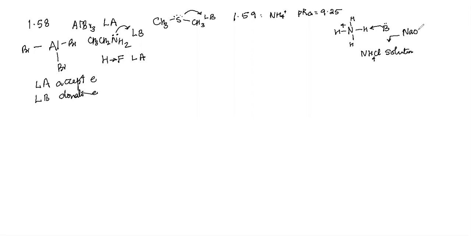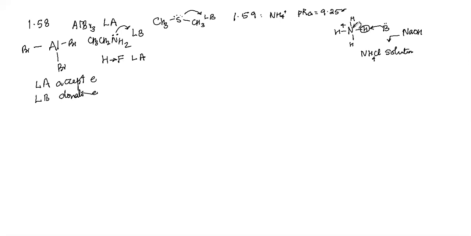Add NaOH very, very slowly, a dilute solution. Ammonium chloride is slightly acidic in nature. As you keep on adding sodium hydroxide, you are increasing the pH. The moment the pH comes to 9.25, the sodium hydroxide will start taking away this proton.